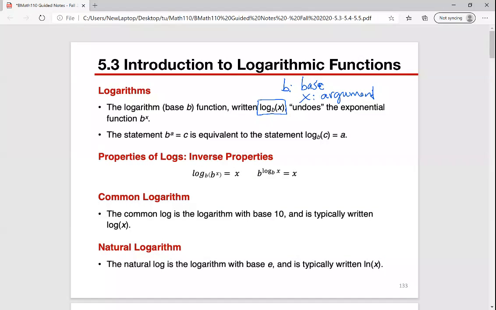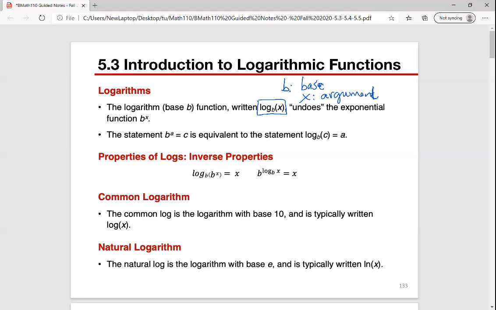All right. So we say the log base b function undoes the exponential function b to the x.